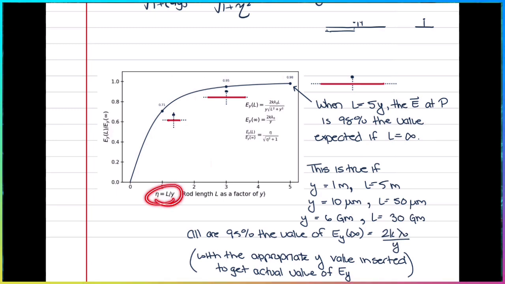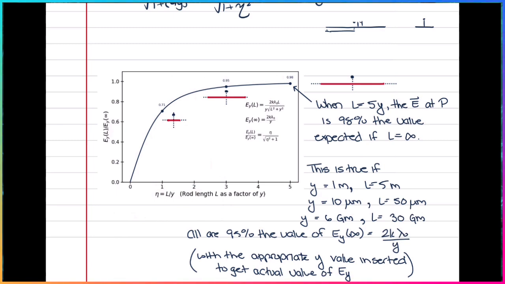Essentially this is a way of saying the rod length as a factor of y. So when eta equals 2, that means L over y equals 2, or L is 2 times y. So this is when the rod is twice the length of y. This is when it's 5 times the length of y. So as you go this way, the rod is getting longer and longer and longer.